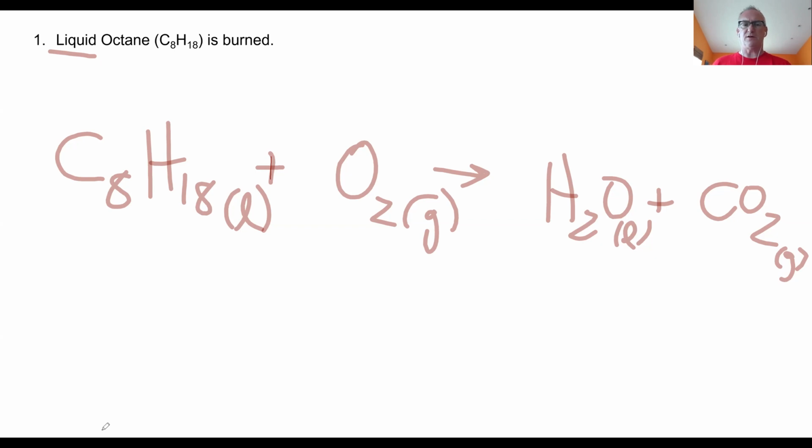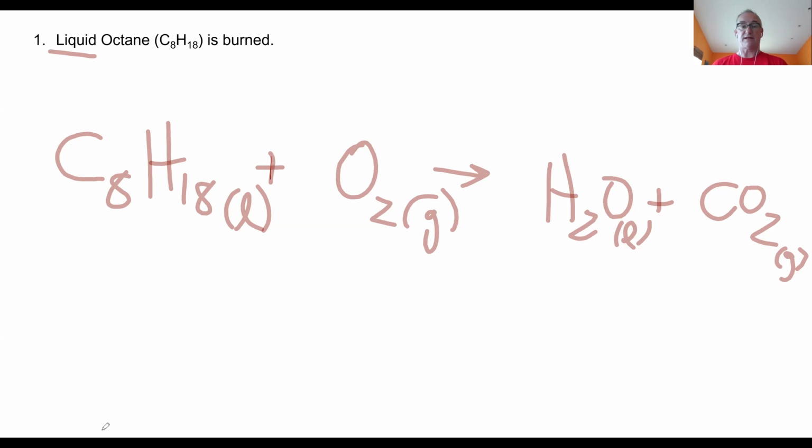So what's the next thing we have to do after we figured out what our products and our reactants are? Balance. Yes, we have to balance it. That's exactly right. Beyonce would balance this thing. So in a combustion reaction, I sort of gave you some hints on how to go about doing that. The first one was balance your carbons first, your hydrogens second, and then your oxygens last.